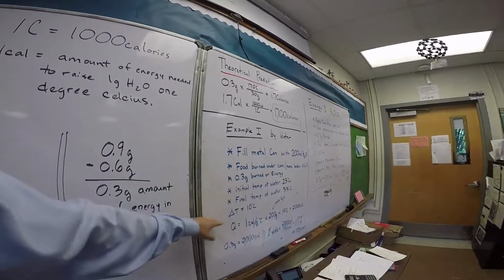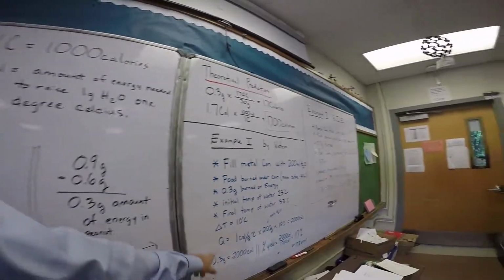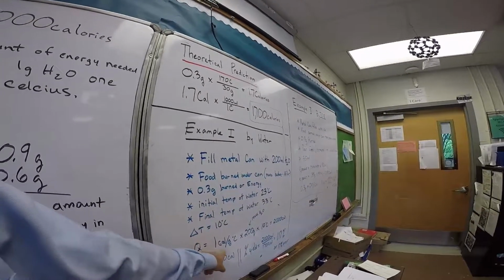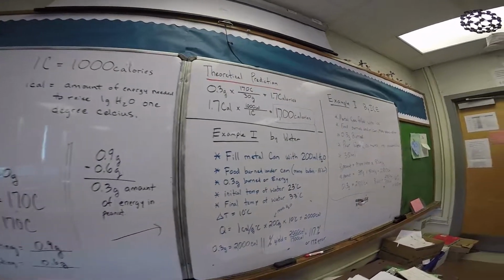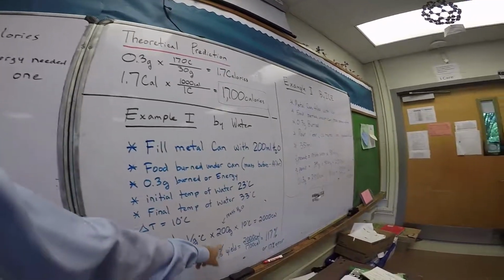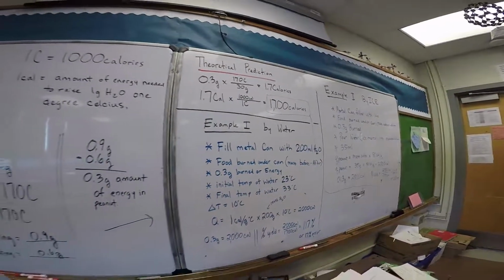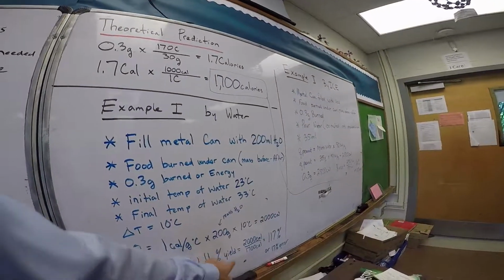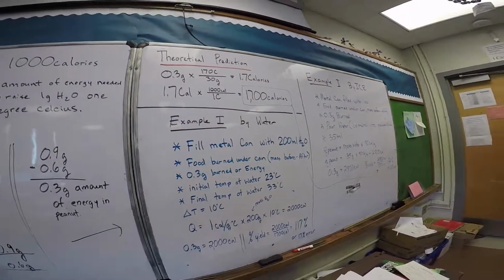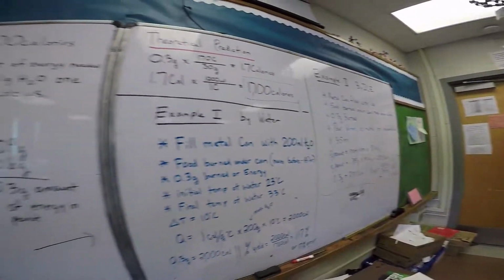So we go down to our formula here. Q equals 1 cal per gram. This is a conversion factor, or a standard. And then we're going to multiply it times the mass of H2O, which would be 200 grams, then times 10 degrees Celsius, giving us 2,000 calories.